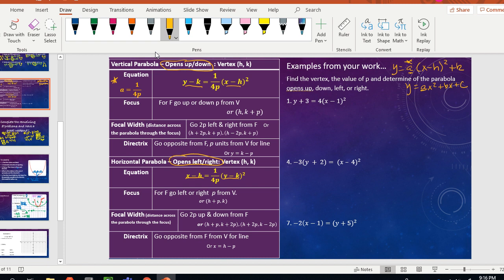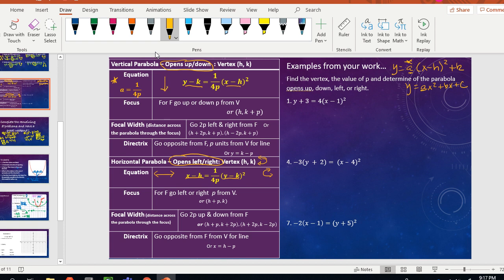Now, the way that I remember this is that if x is not squared, a linear x, the x-axis goes in this direction, so it opens left or right. So that means it will open this way, or it will open the other way. And of course, negative goes to the left, positive goes to the right. And if it opens up or down, it starts with y.